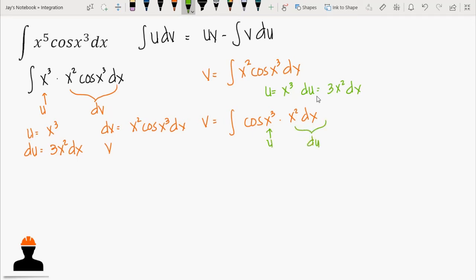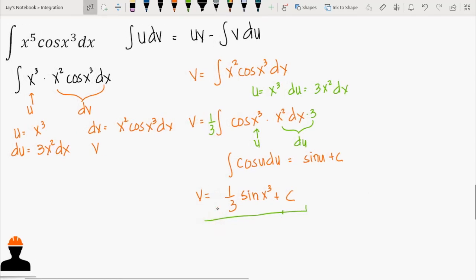Now take note, we are lacking a 3 to satisfy our required du, which is x squared dx. So we multiply 3 here, and outside we multiply 1/3. And now we satisfy the rule, that the integration of cosine u du is equal to sine u plus c. So we have our value of v here, that is 1/3 sine of x cubed plus c. So this is the integration, or our value of v.